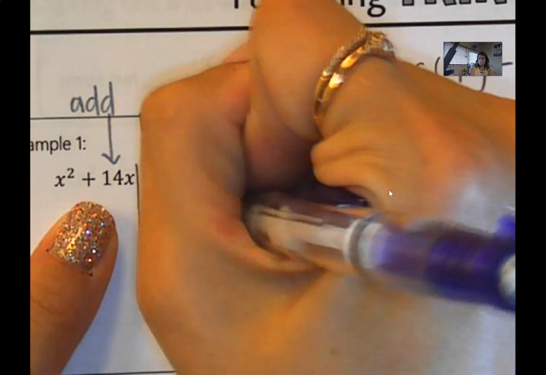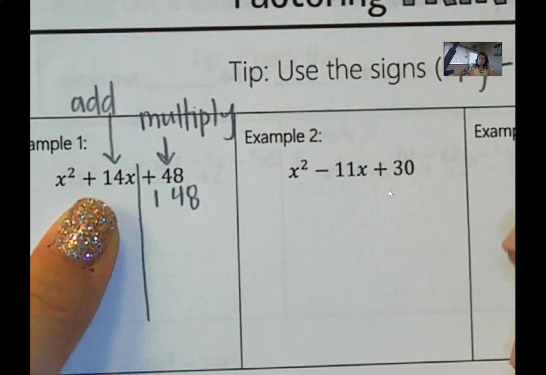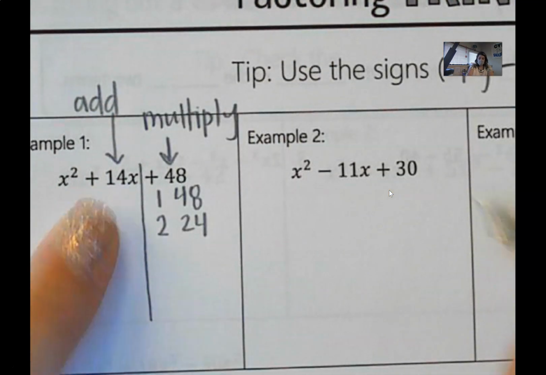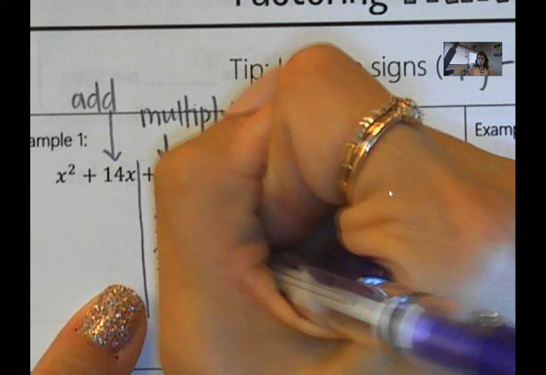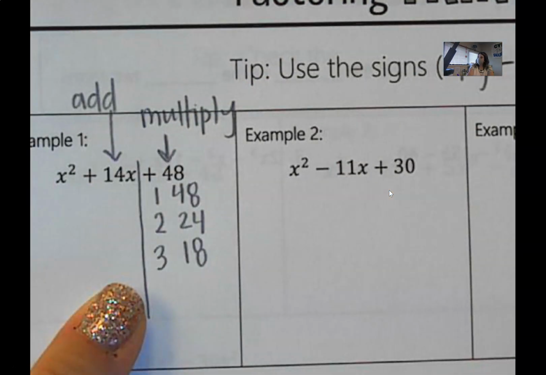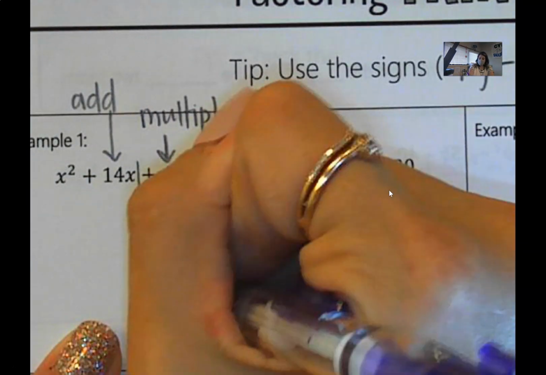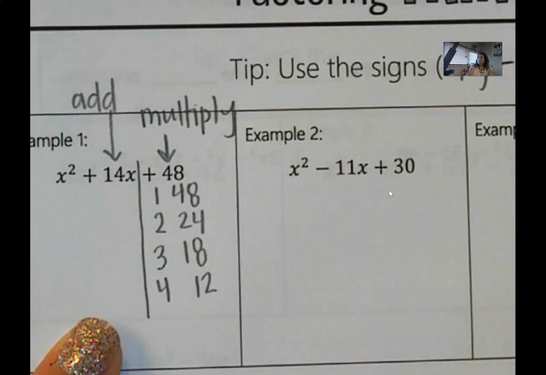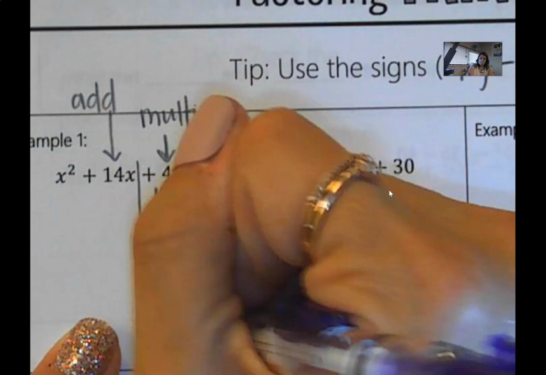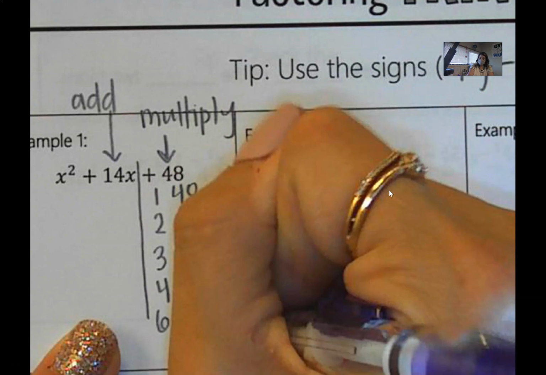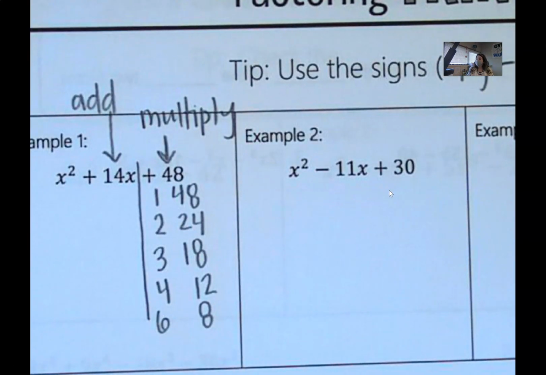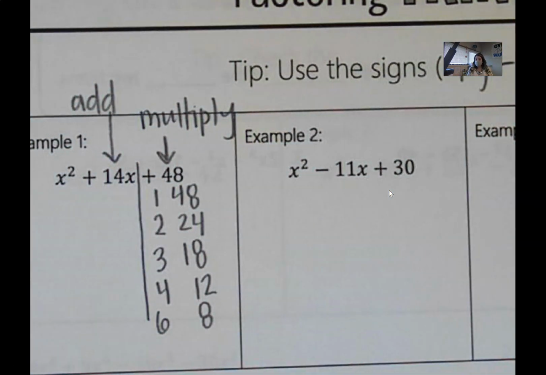So we start with 1 and 48, 2 and 24, 3 and 18, 4 and 12, 5 doesn't work, 6 works, that goes with 8, and then 7 doesn't work, and 8 is already written down.